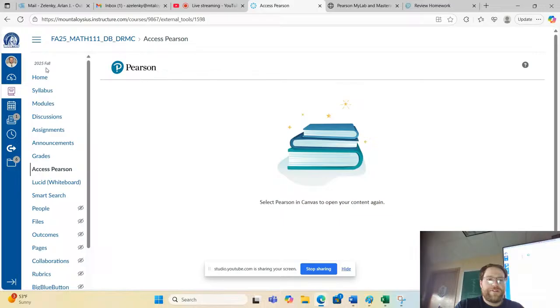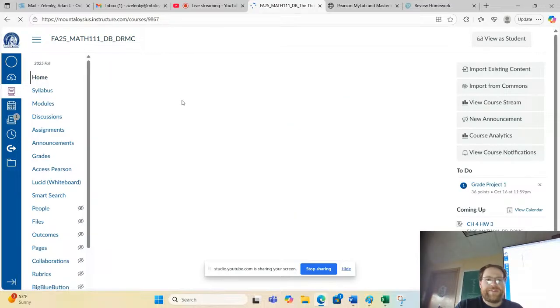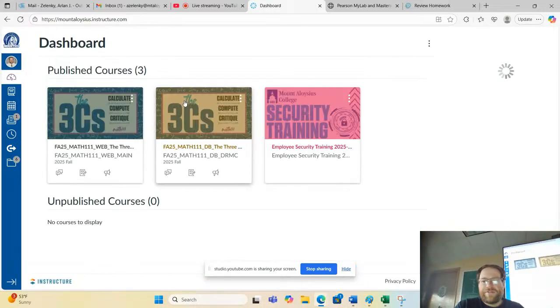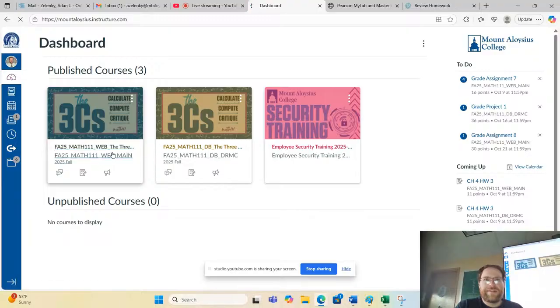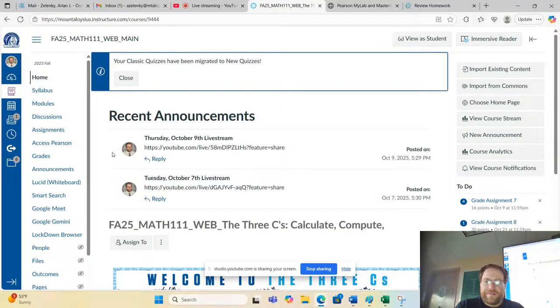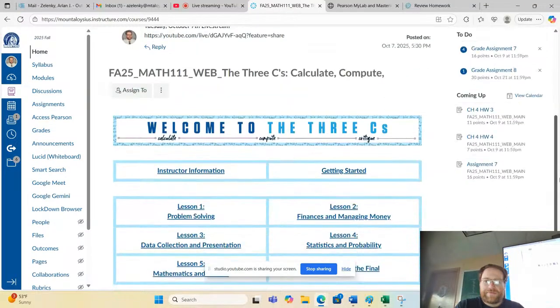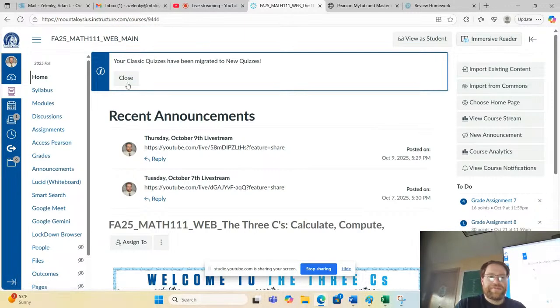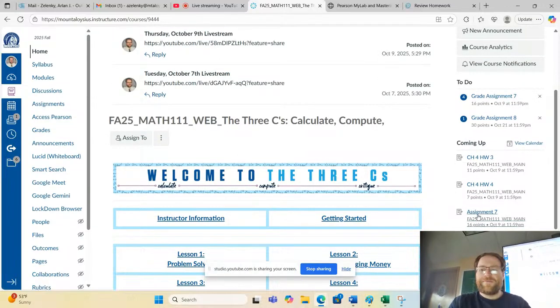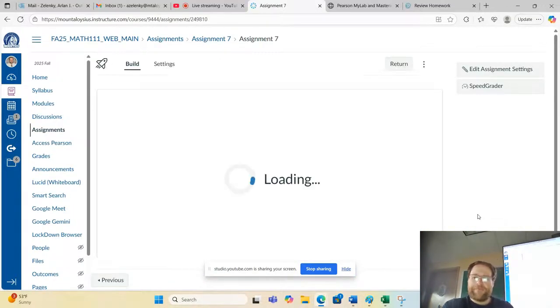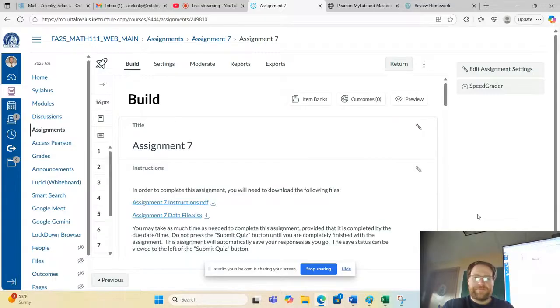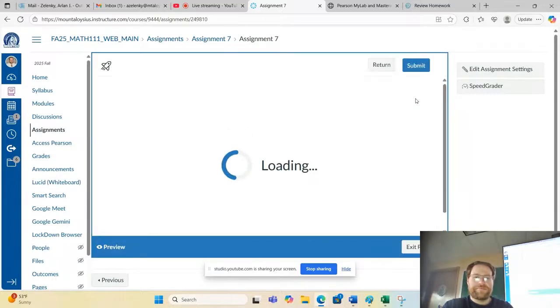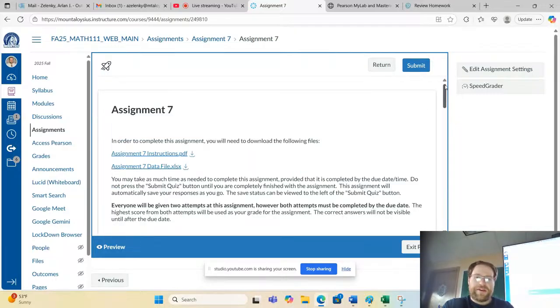Once you complete that, you will go into Canvas, into our course shell, and you're going to want to go to assignment 7. It'll be a Canvas quiz.